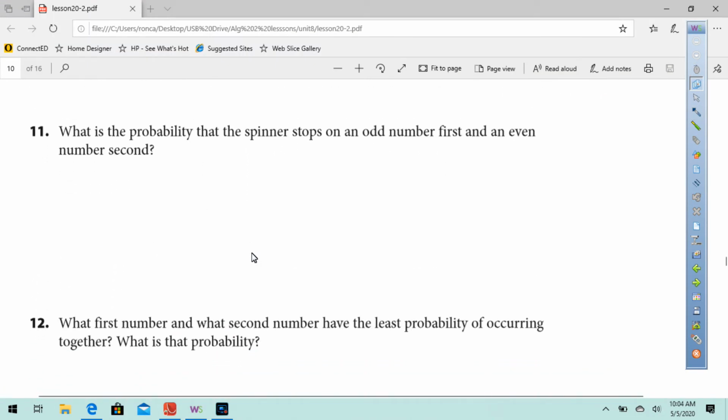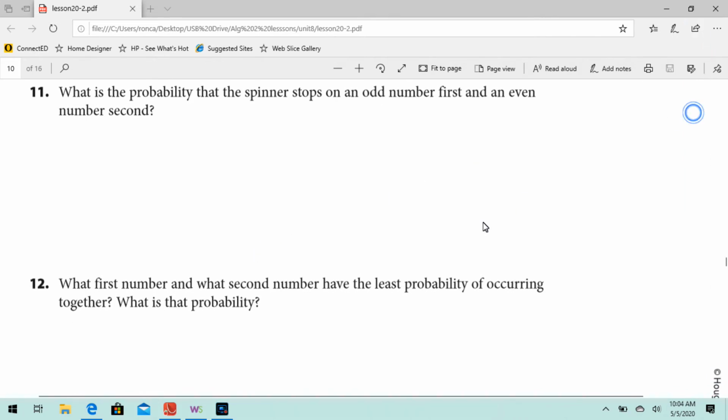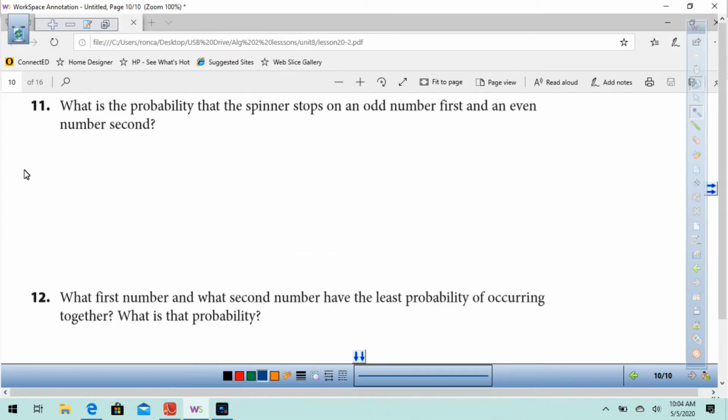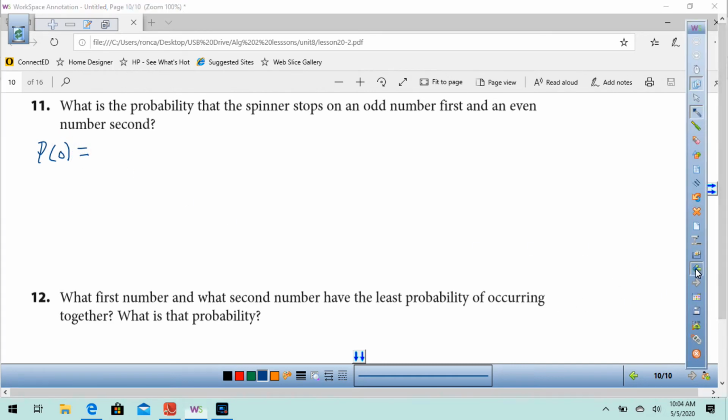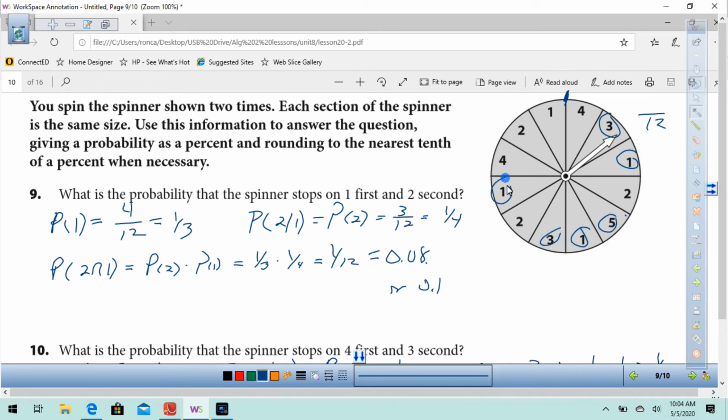Number 11. What is the probability the spinner stops on an odd number at first and an even number second? So probability of an odd. And let's see here, let's go back here. How many odd numbers are there? 1, 2, 3, 4, 5, 6, 7.